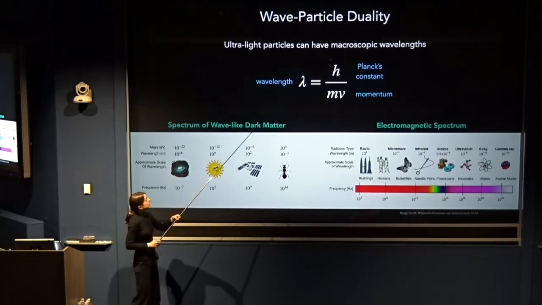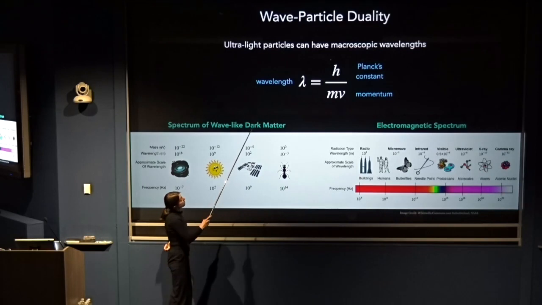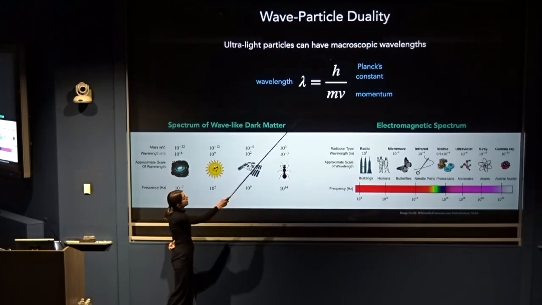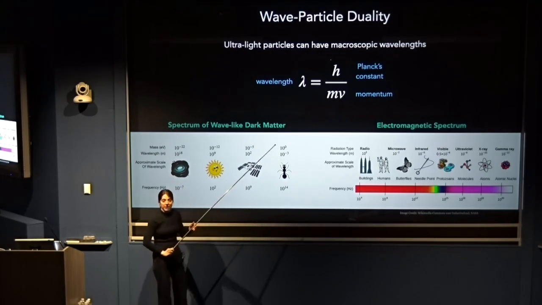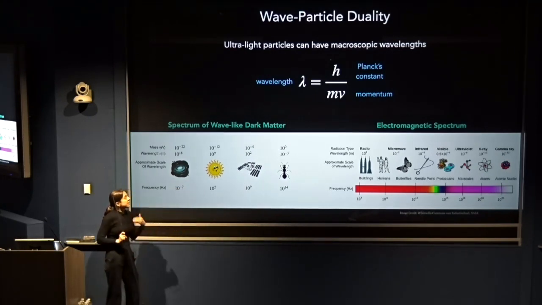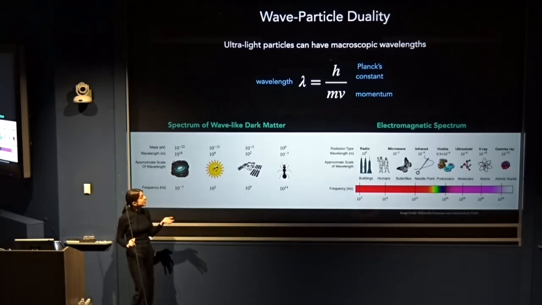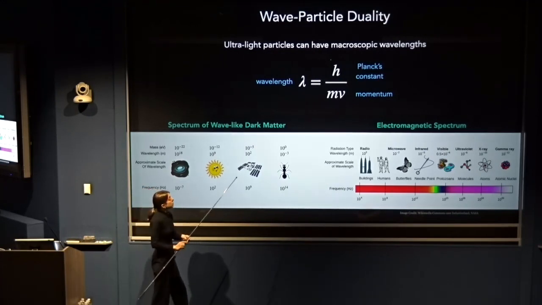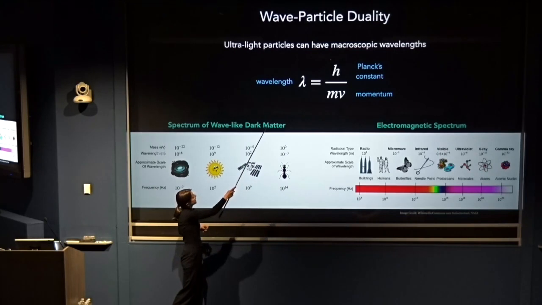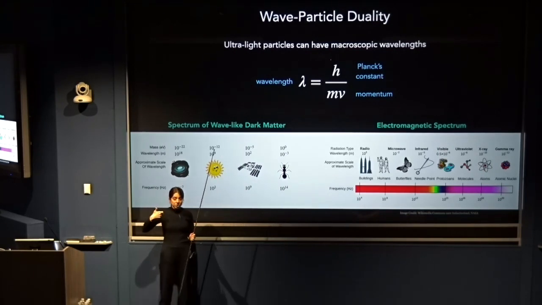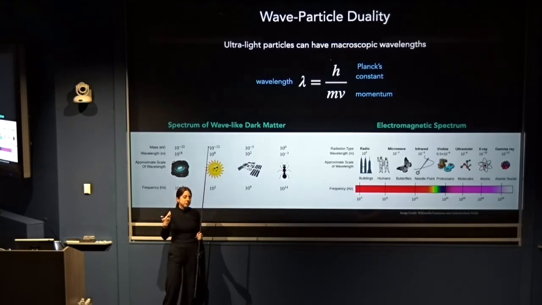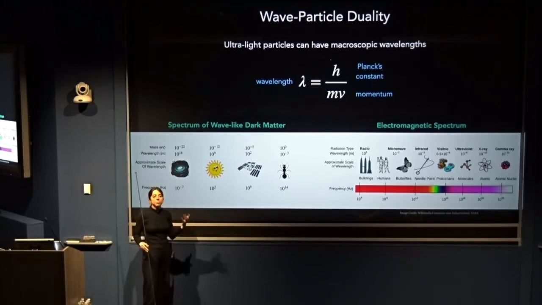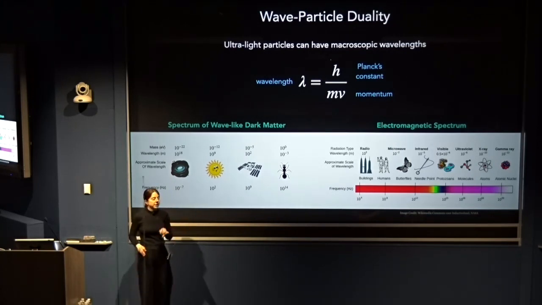And that's really embodied in this relationship here, which relates the wavelength of a particle inversely to its momentum. So if I drive the mass of a particle really low, while keeping the velocity constant, then I can make this wavelength really large. So I can end up having macroscopic wavelengths if my particle is ultralight.